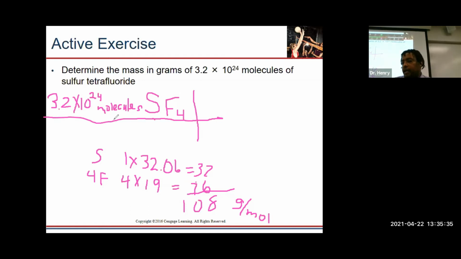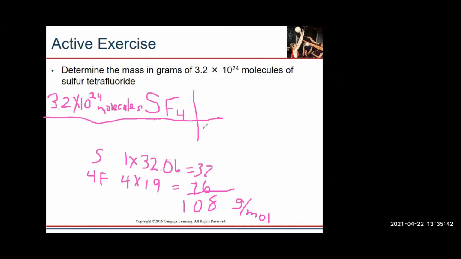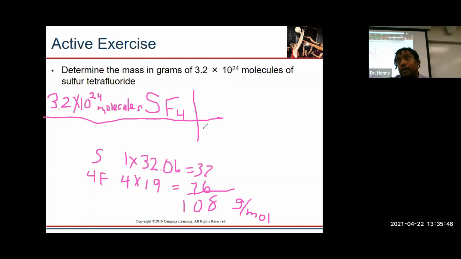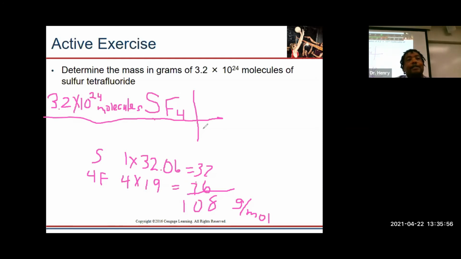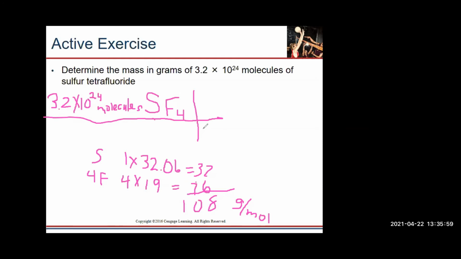How many molecules am I going to put on the bottom? One, right? Hold on. Are you saying one molecule equals 1 mole? Is that what you're telling me? 12. Why am I going to put 12? 12 is a dozen. I'm stuck on a dozen.